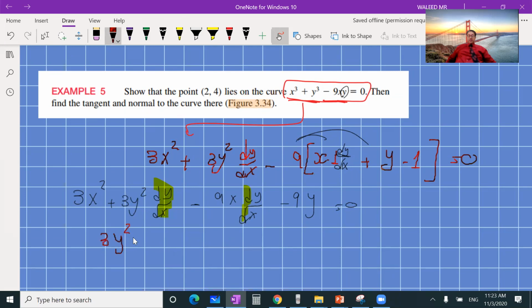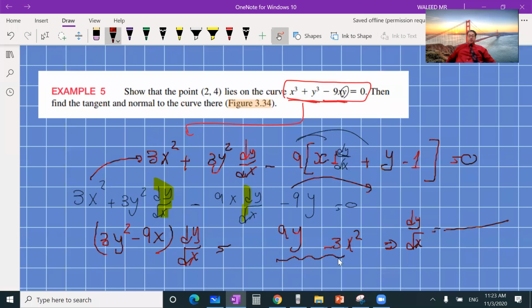So it's 3y squared minus 9x times dy over dx here equals positive 9y minus 3x squared. Finally, dy over dx equals 9y minus 3x squared over 3y squared minus 9x. You can replace x by 2 and y by 4 to determine the value of the slope. Okay? And after that, I can write the equation of the tangent or normal.